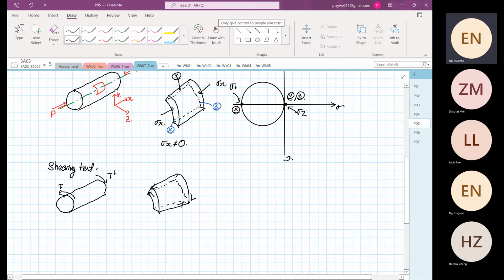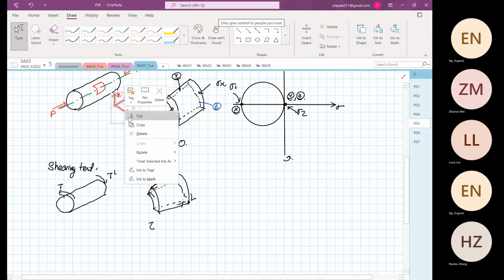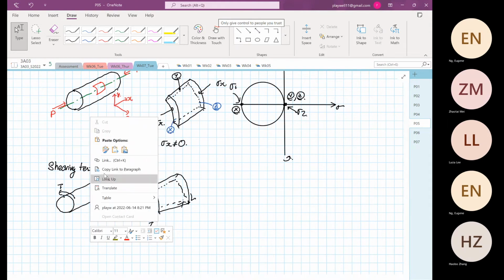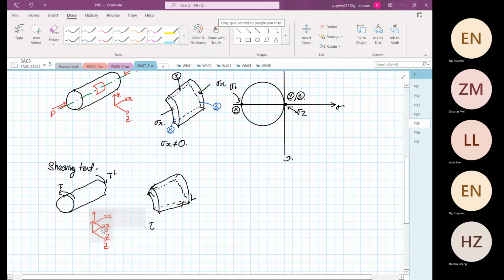Okay, so for this case, we know that our shear stress, and now I have to consider whether x, so if this is my transformation, y, so we know that the intersecting plane is on the x, so this is shear xy, this is shear yx.